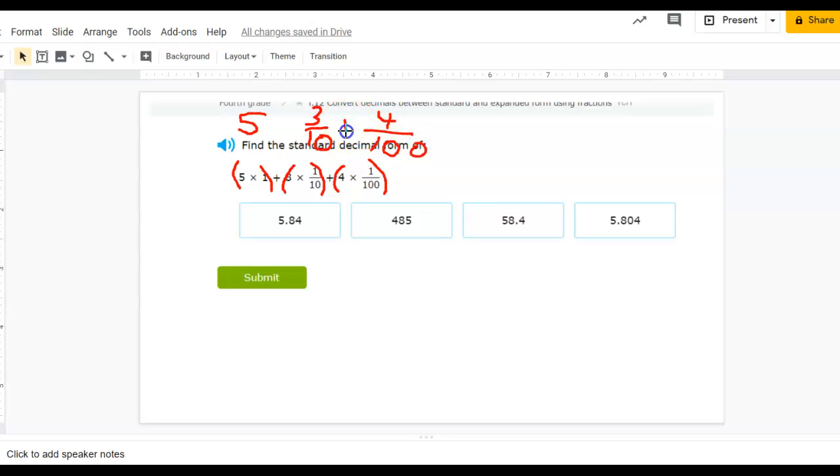Now I have to do my addition, so I will add my addition signs in here. I have 5 ones. Now I have 8/10 and 4/100, so I'm going to put a decimal point in because those numbers are less than 1. It says that I have the number 8 in the 10th spot, and I have the number 4 in the 100th spot. So I'm going to look at my choices here.